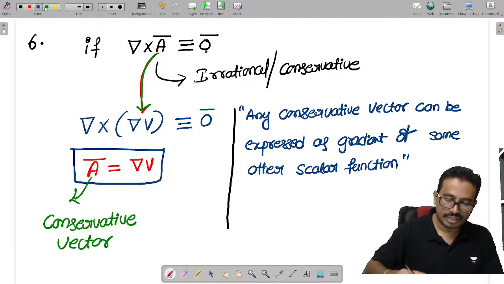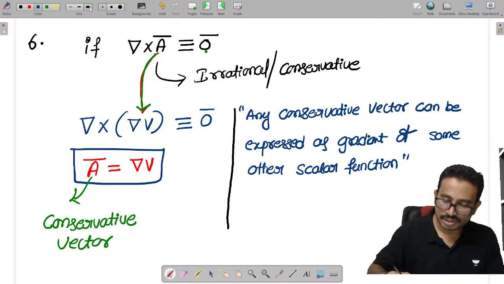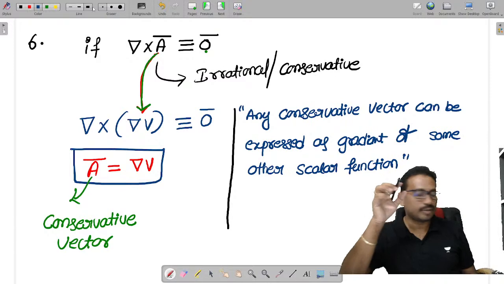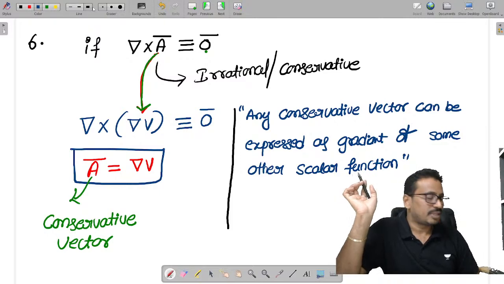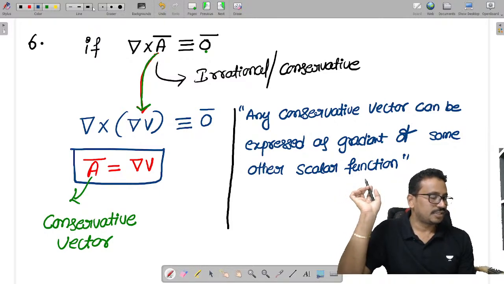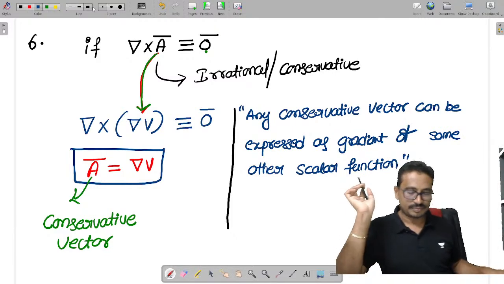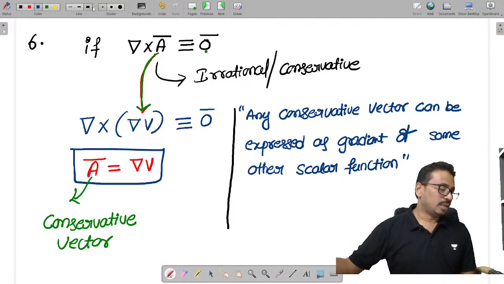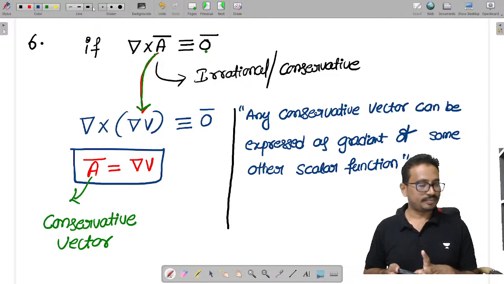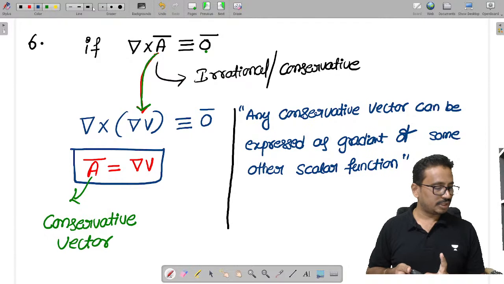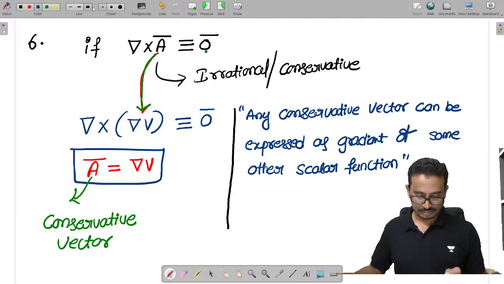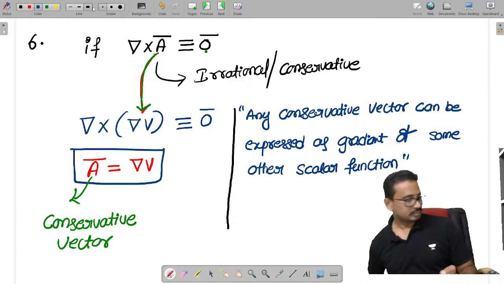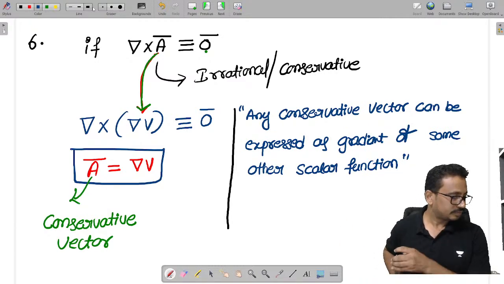Any irrotational vector, or conservative, you can write anything, can be expressed as gradient of some other scalar function. Is it fine, all of you? Is it fine everybody? इसमें कोई डाउट हुआ तो बोलो इधर यहाँ तक. Is it fine everybody? Done.